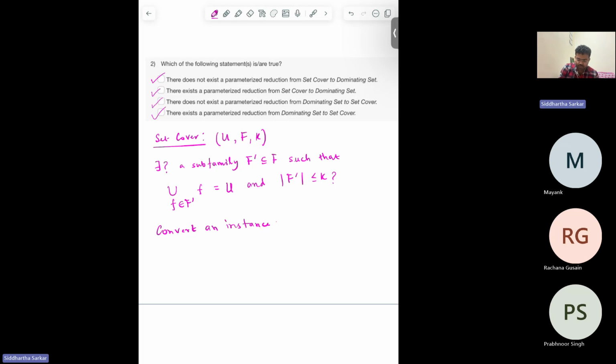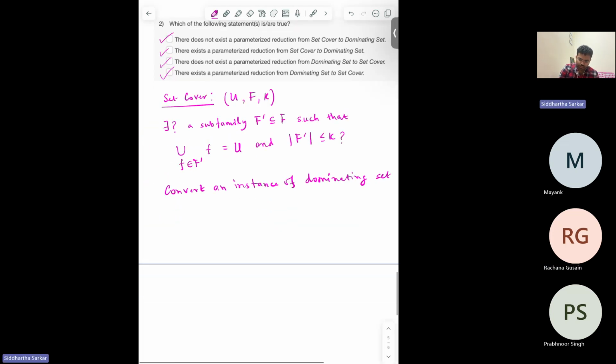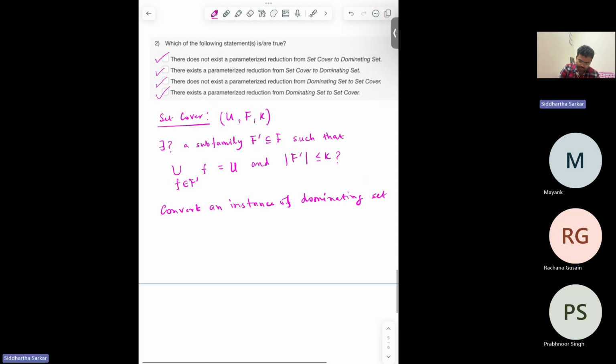So convert an instance of dominating set into an instance of set cover. That is the first task: you are given an instance of dominating set and you convert it to an instance of set cover, and then you have to show that a yes instance here is going to lead to a yes instance there and vice versa.